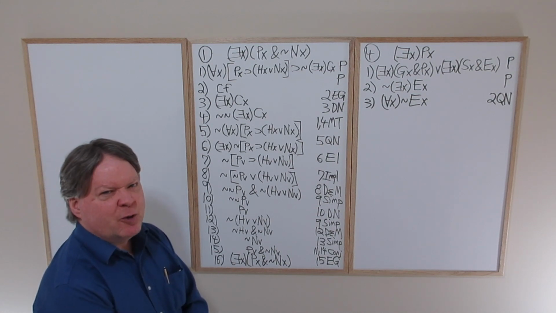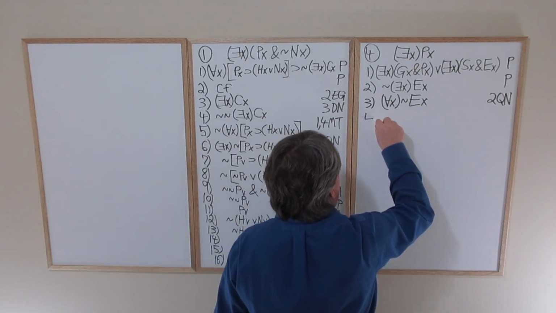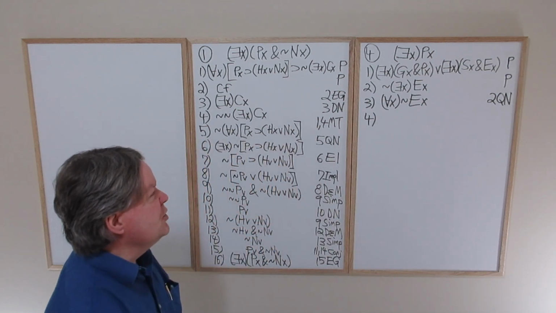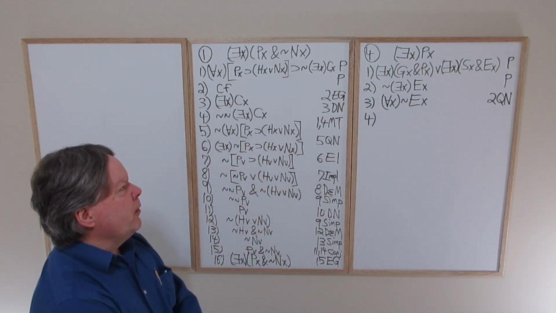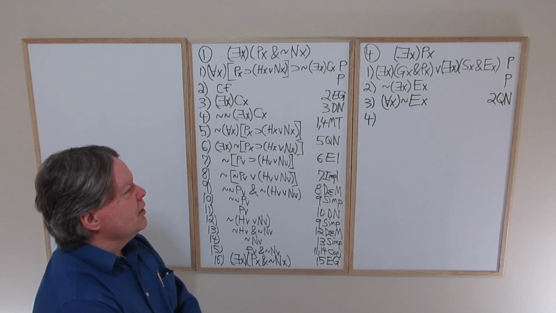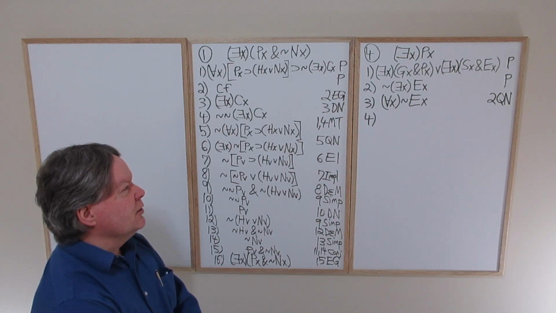We're going to put a free variable because ultimately we're going to want to do some re-quantifying in order to end up with the negation of the right disjunct. So, how are we going to get the negation of the right disjunct?